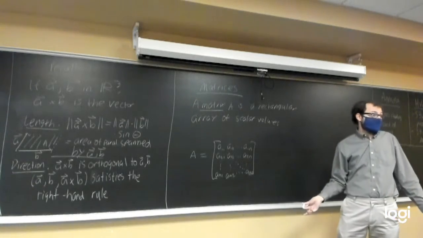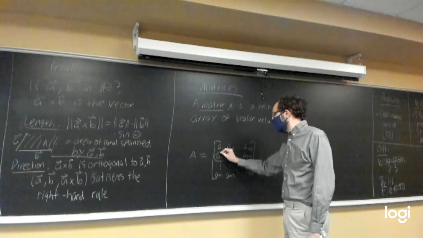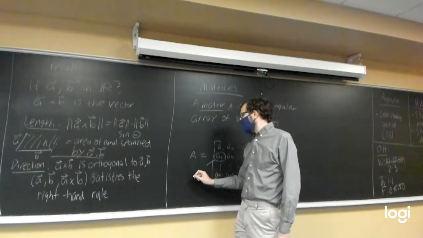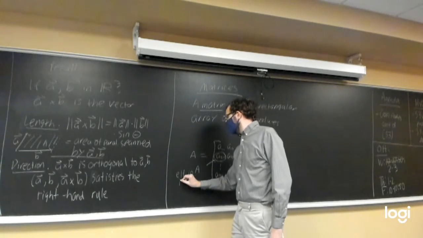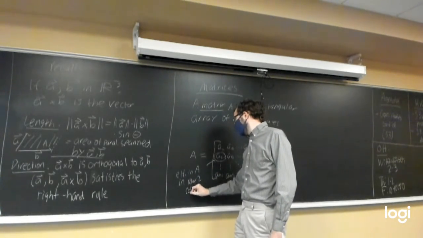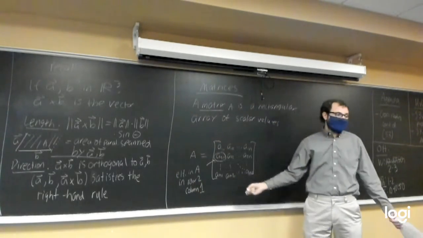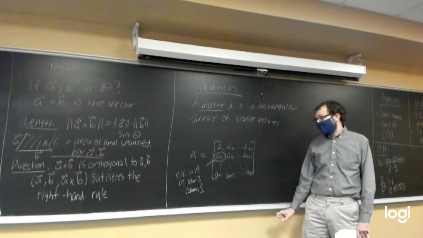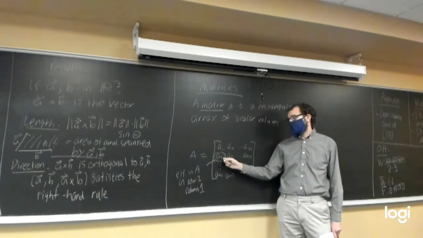And it's made up of rows and columns, where when we say something like a21, for instance, that's going to refer to the element in A in the second row and the first column. So using this notation, little a sub 2,1 means you go to the entry in your matrix that's in the second row in the first column.